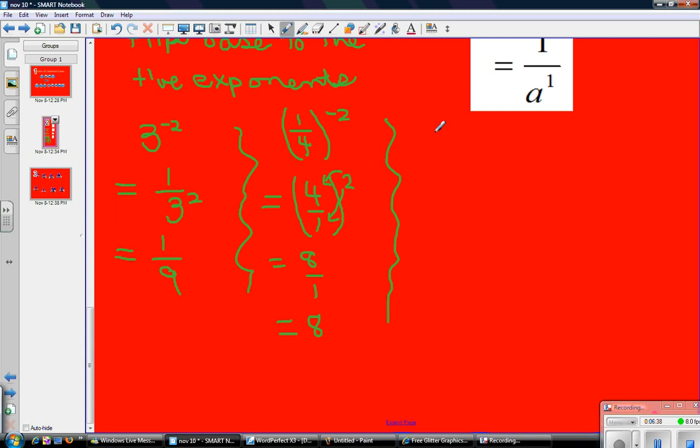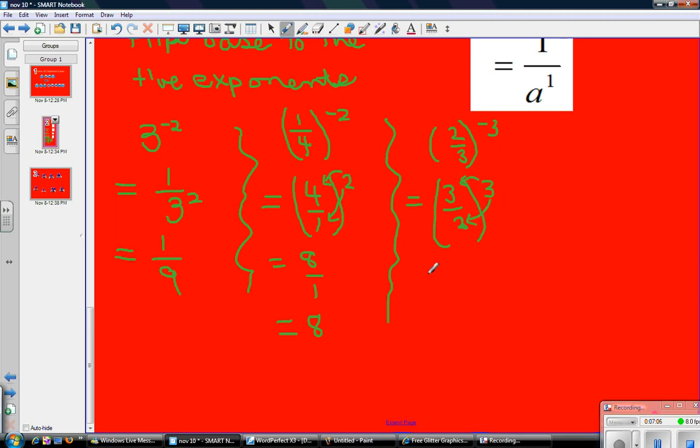This time, let's take a look at 2/3 to the, and let's make it a negative 3 this time. So if I want to get rid of the negative, which I always do, I'm going to reciprocate the base, so that would be 3 over 2, and I would change it to the positive 3. Now, just like the previous example, I bring that in.